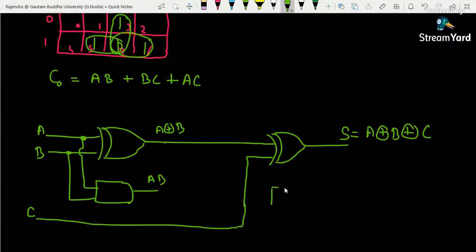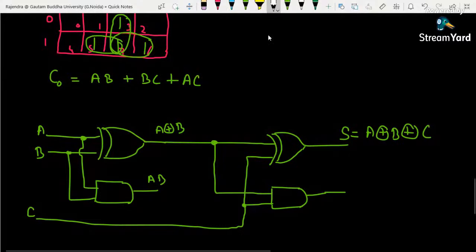Now here, we will take a second AND gate. The output of this A XOR B goes here, and the C input is connected here. If you see, this is also a half adder circuitry.